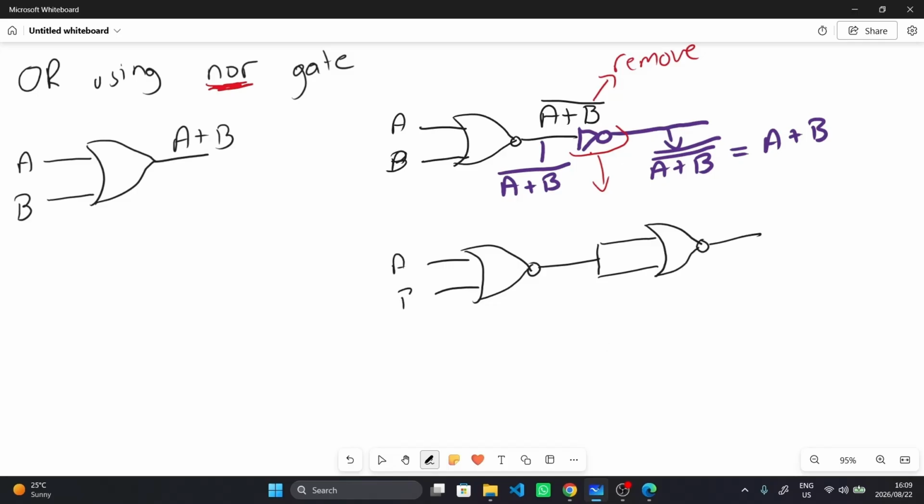You have A, B. Here you will have A plus B complement, and then your output here will be the double line, A plus B. So A plus B complement complement is the same as A plus B, right? So as you can see, we got this.